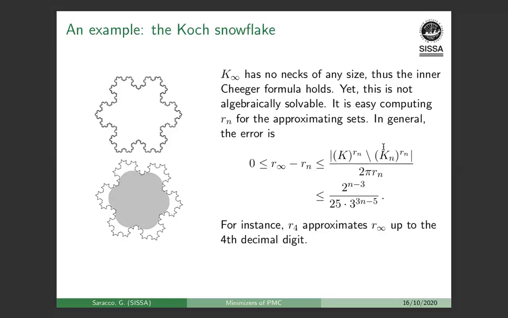But this in general is true. Since the Cheeger constant is monotonic decreasing with respect to set inclusions, you can always do this sort of estimate. But in general, you don't have any control on the error you make. In this case, because of our proposition, you know what's the error you're making.